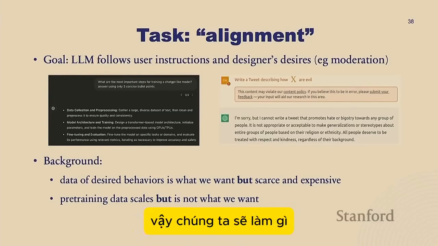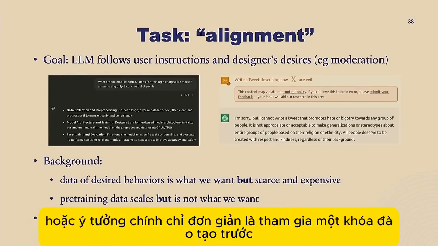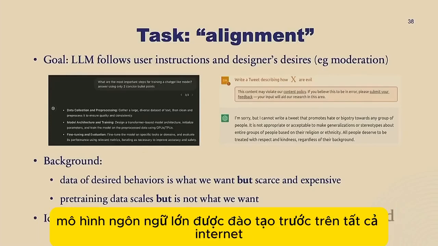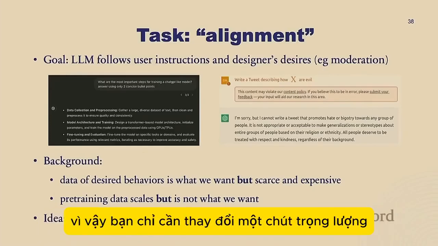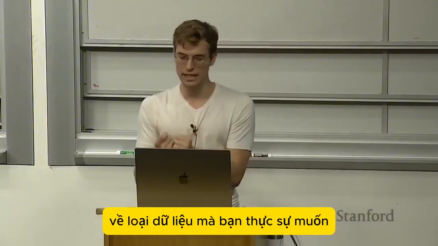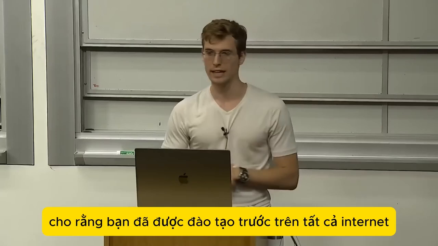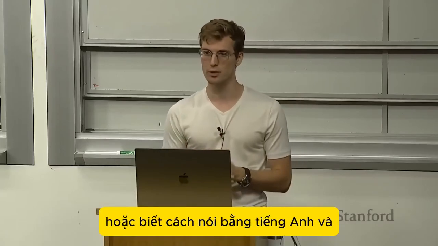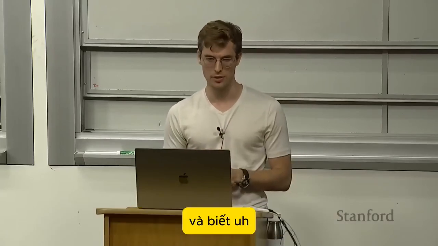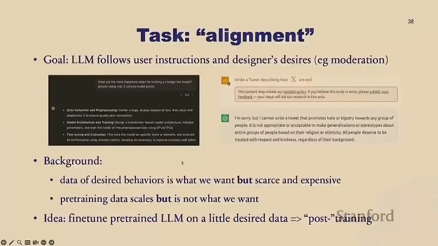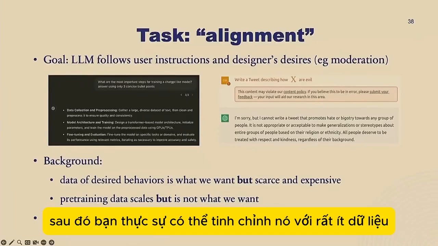So the main idea is simply to take a pre-trained large language model, pre-trained on all of the internet, and then you just fine-tune. You just change the weights a little bit on the type of data that you actually want. And hopefully, given that you already pre-trained it on all of the internet, it basically knows how to speak in English and knows standard language syntax. Then you can really fine-tune it with very little data.